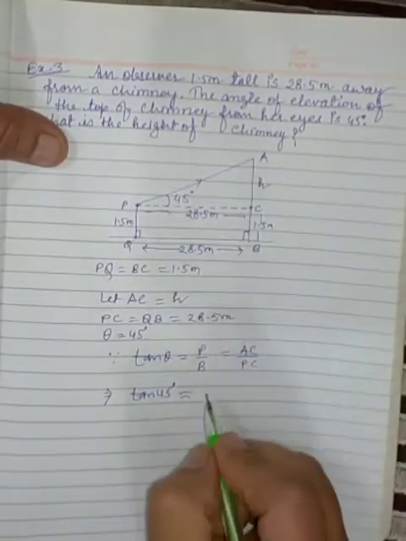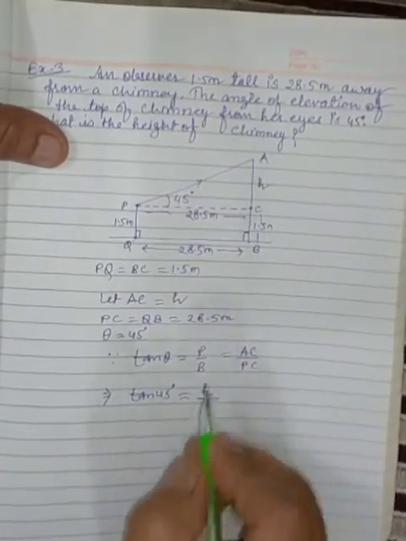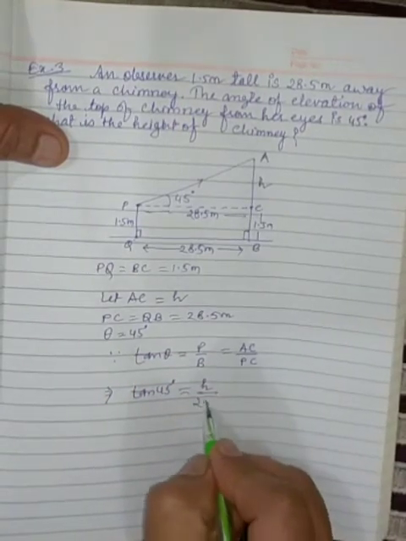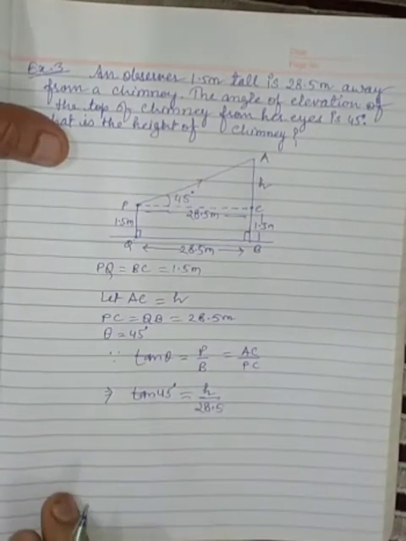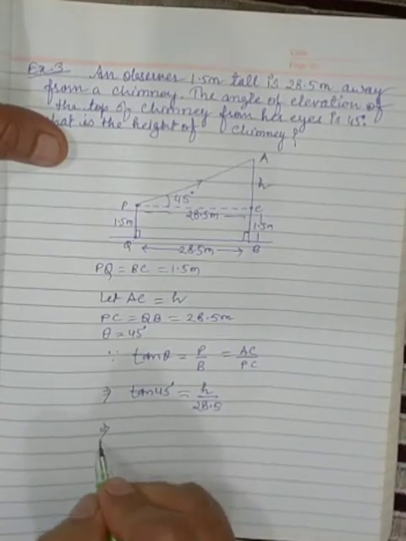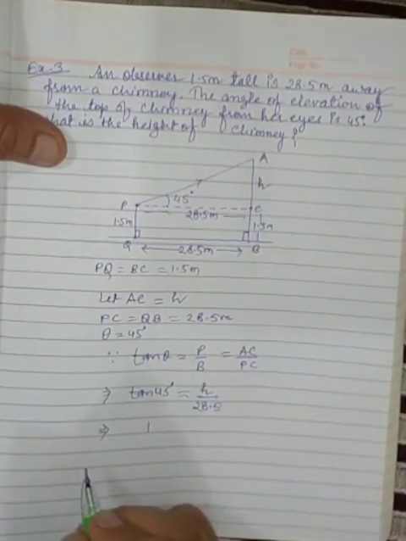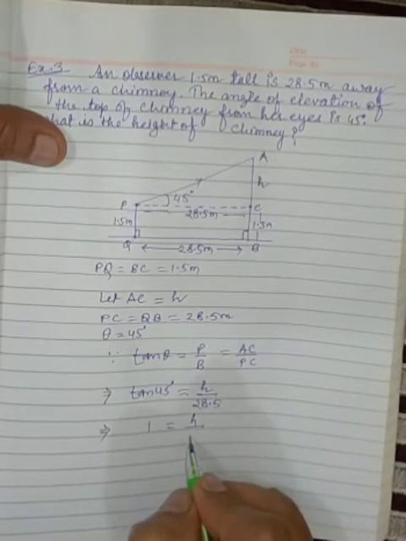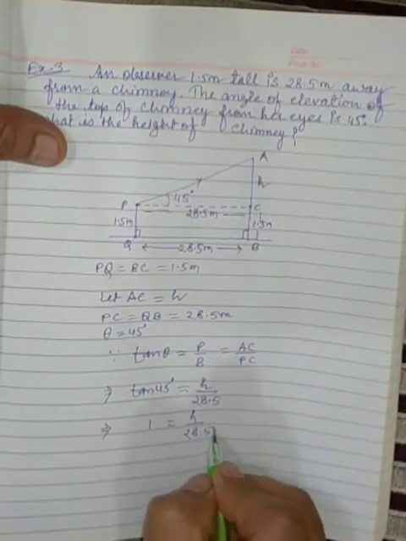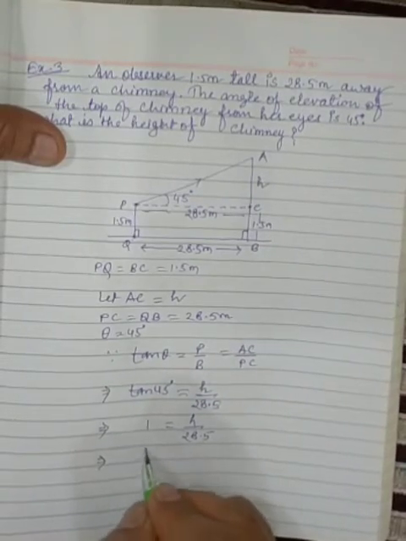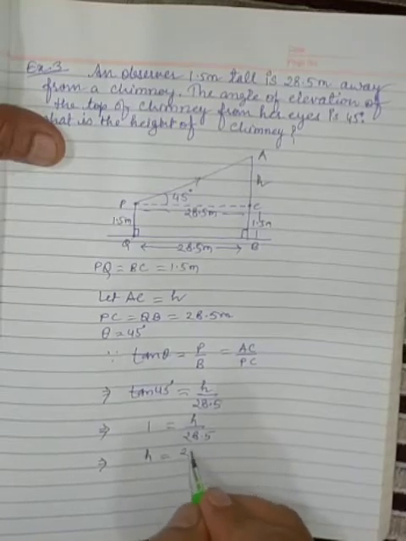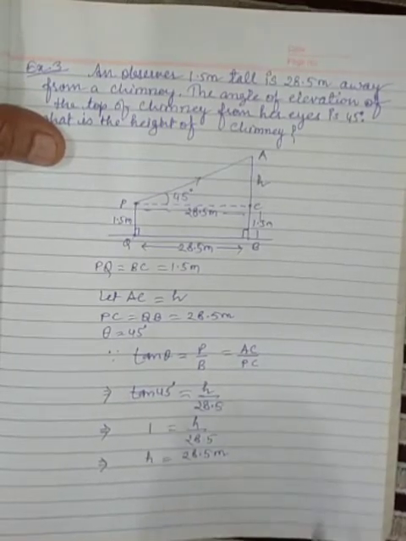So here AC we have considered as H, and PC, which is equal to QB, both are equal to 28.5. Now we know that tan 45 degree is equal to 1. That implies 1 is equal to H upon 28.5. Therefore H will be equal to 28.5 into 1 is 28.5 meter.